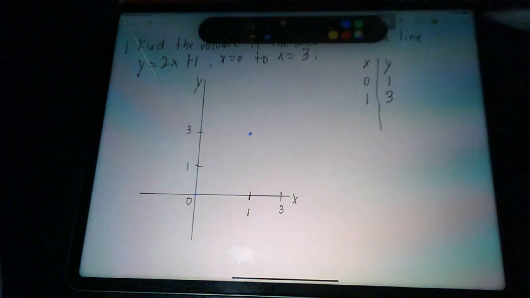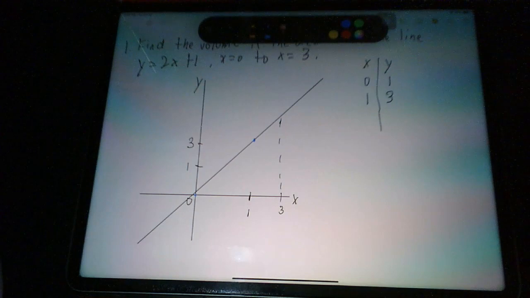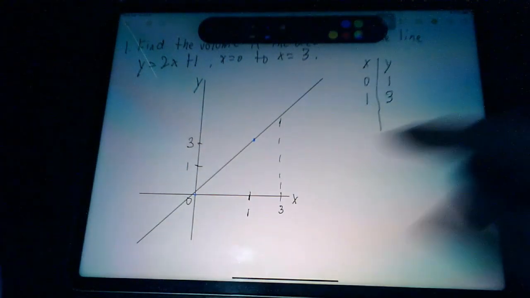Okay, let's say this is our illustration.